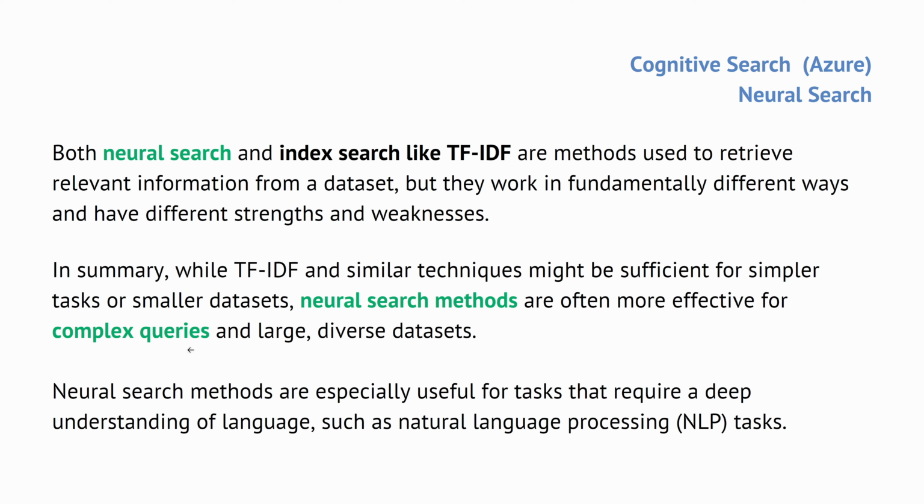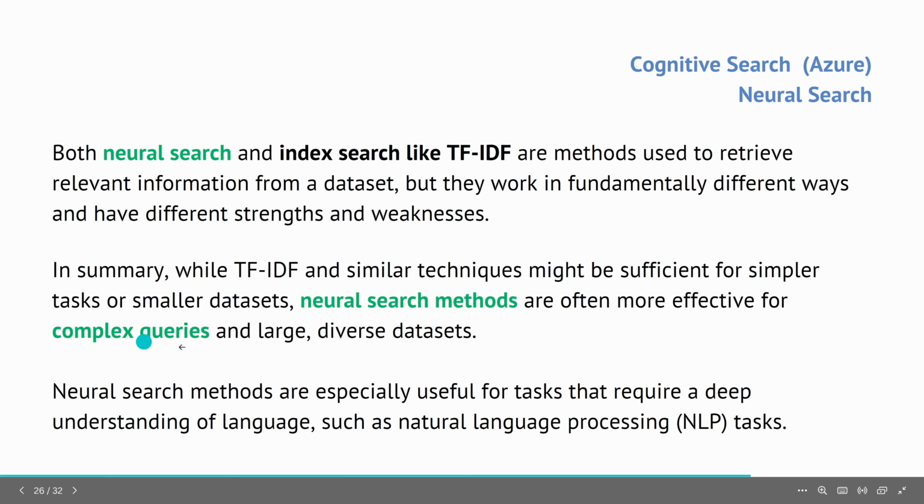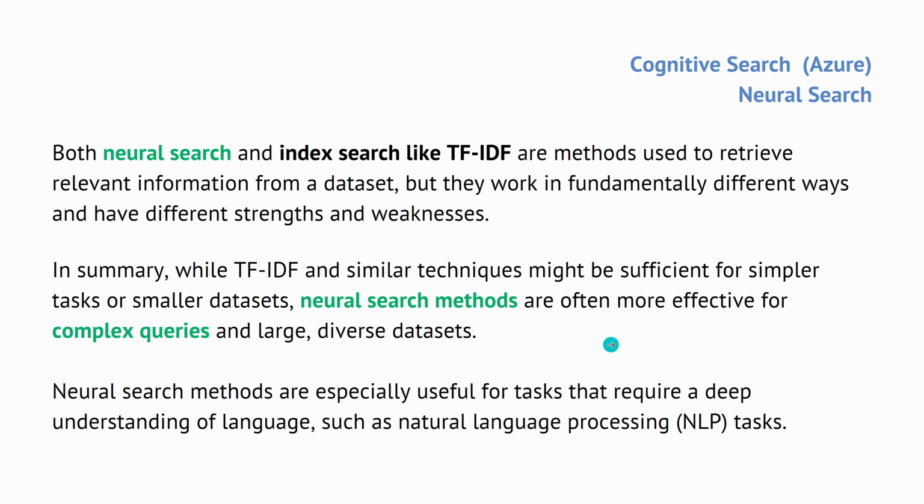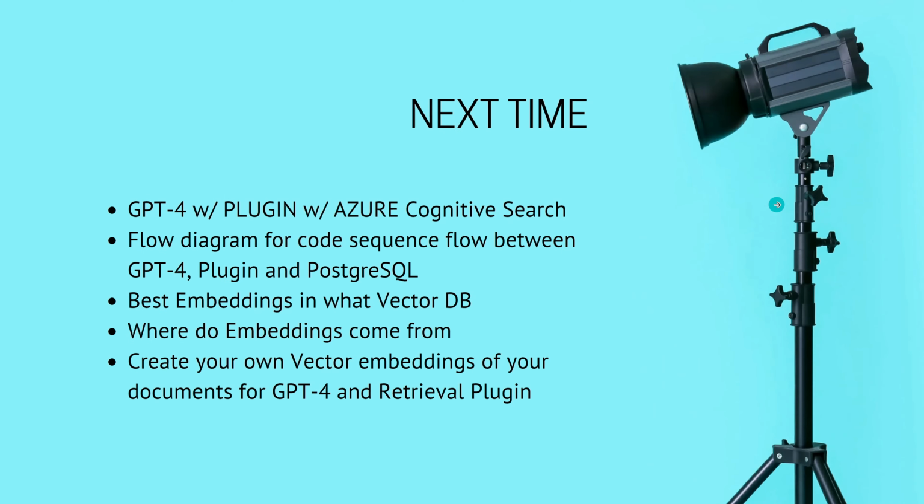And if you're working with ChatGPT or GPT-4, you have complex queries formulated in natural language, and you have large, diverse data sets. If you're a company, you might have millions of documents. So, neural search methods are especially useful for tasks that require a deep understanding of language if you have complex queries to the system, and this is why we have vector databases. This is all there is to this story.